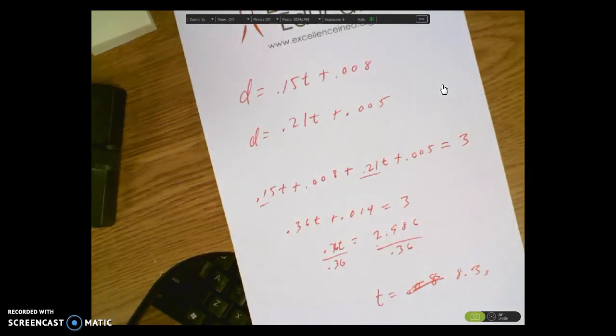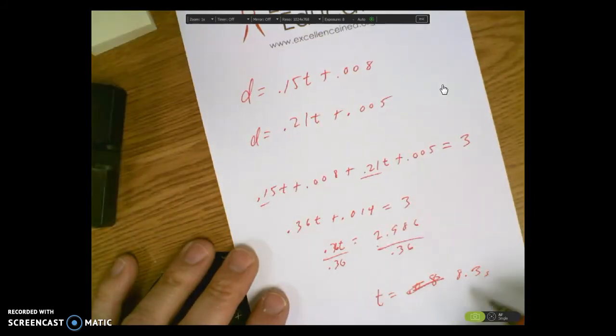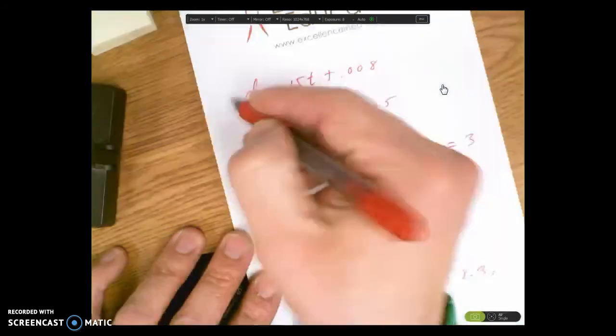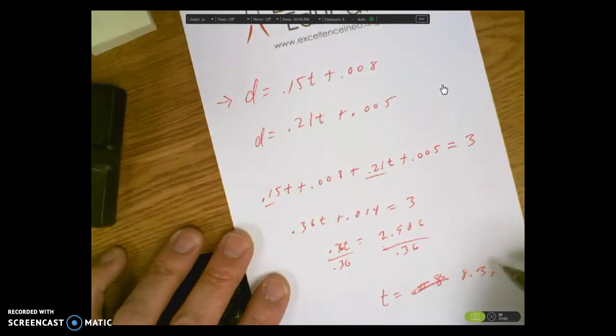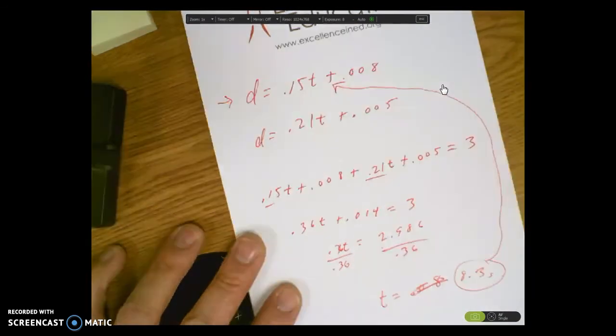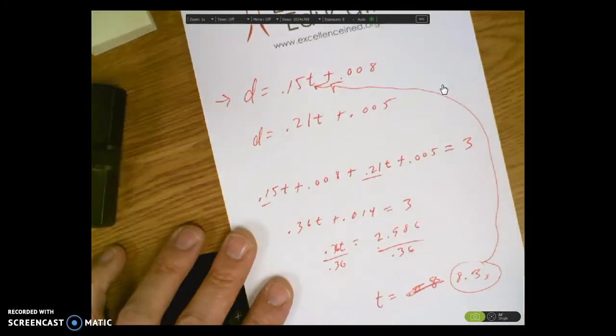Okay. And so what I would do then is I know that as these trains start coming at each other, it's going to take the trains 8.3 seconds to cover that distance. So if this was my train and I wanted to figure out how far it's going to go in that 8.3 seconds, I'm going to substitute that 8.3 seconds in for time in my equation.